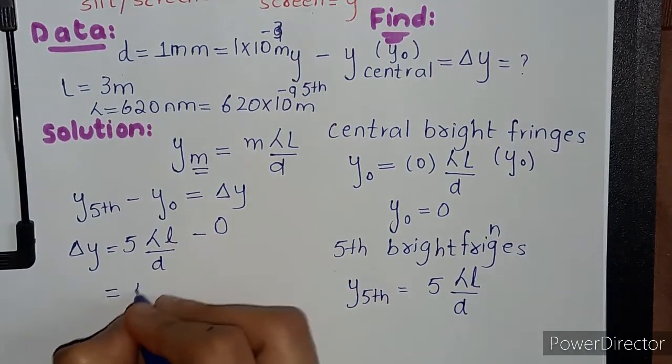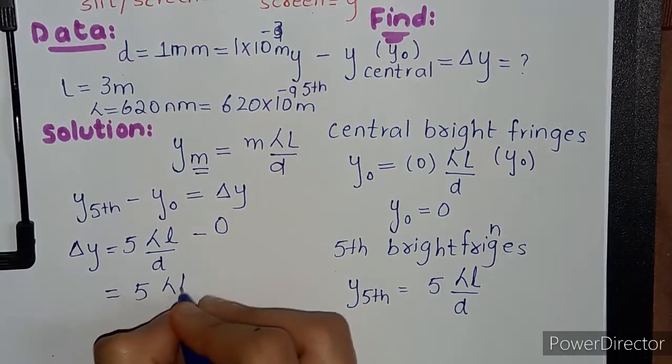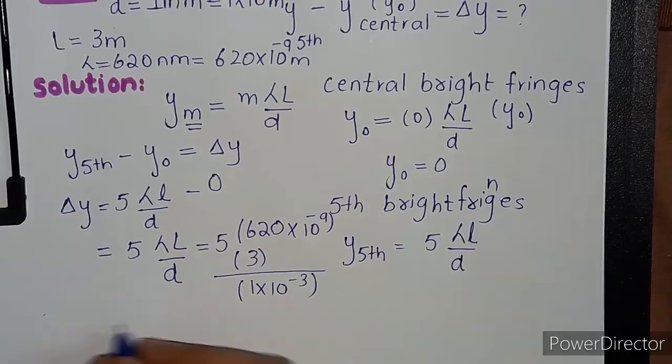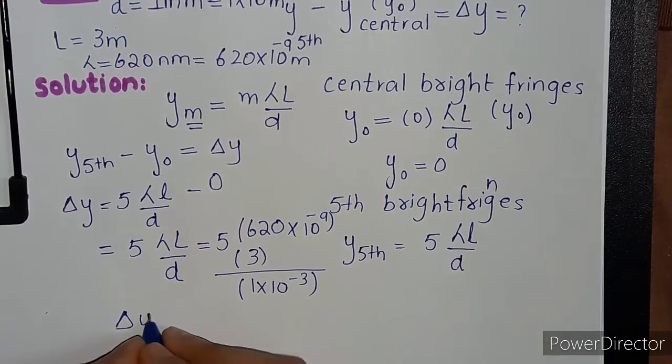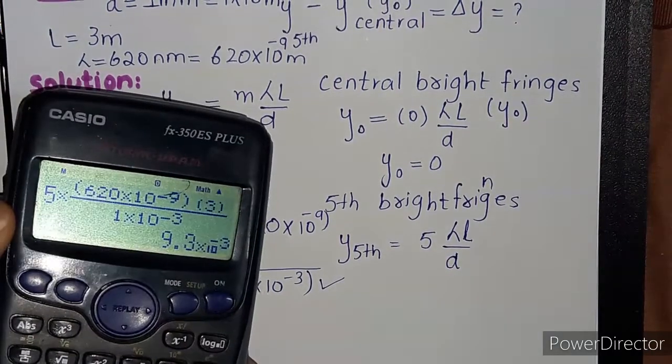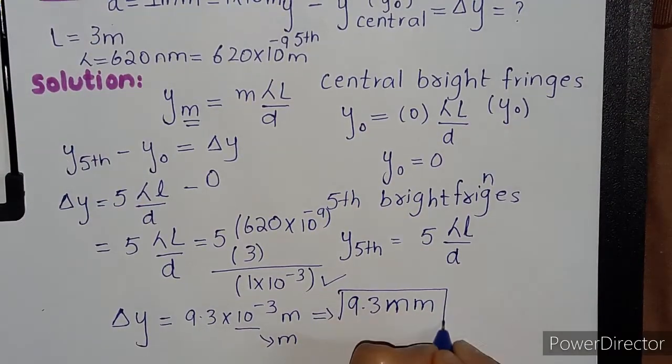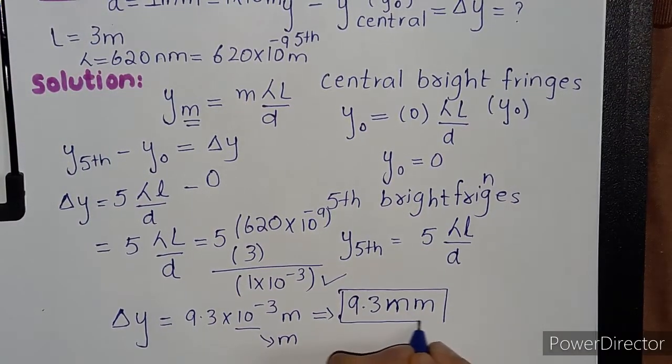So we get the answer 5 lambda L divided by d. Now putting in all the values and solving, we will get the value, which is equal to 9.3 times 10 to the power minus 3. 9.3 millimeter is the answer.